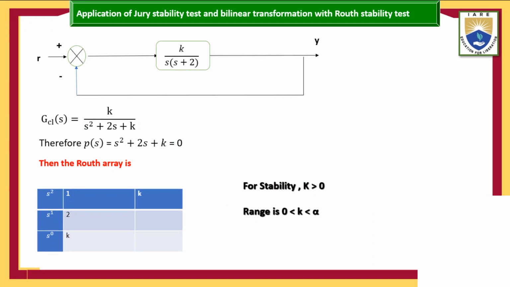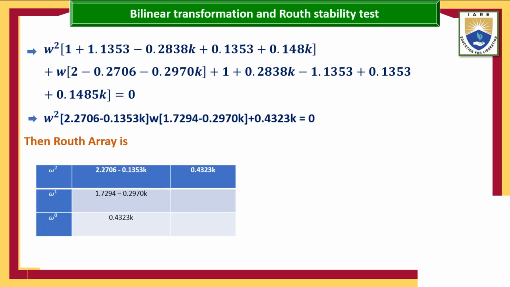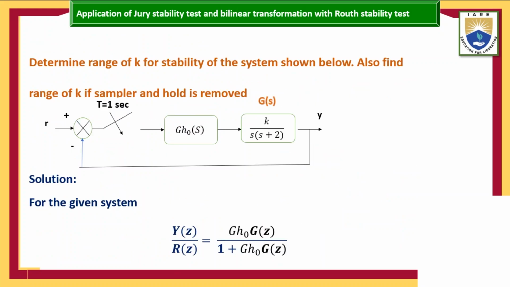I am going to check the same system without the pulse function and zero order hold device. This is the application. In the first application, I took the system with the zero order hold device and pulse function.